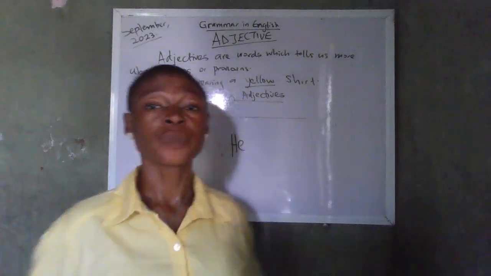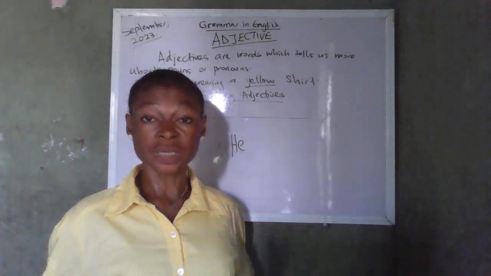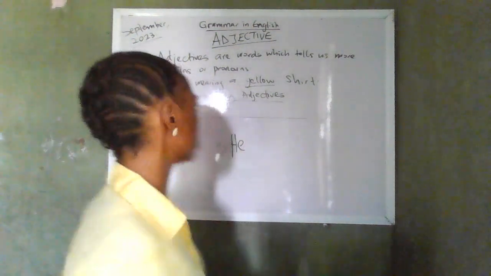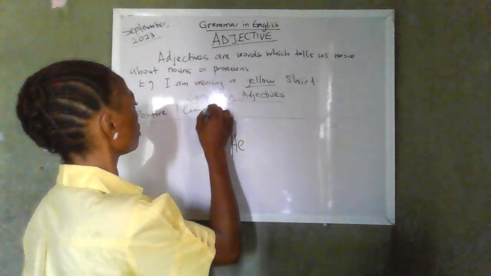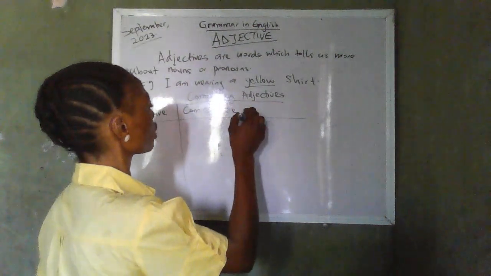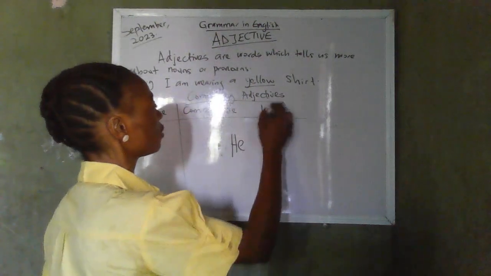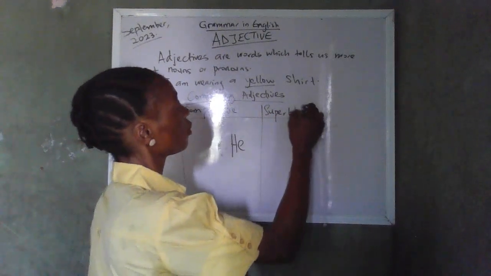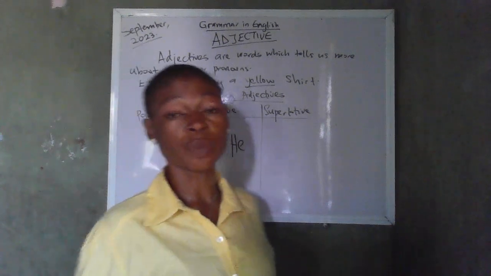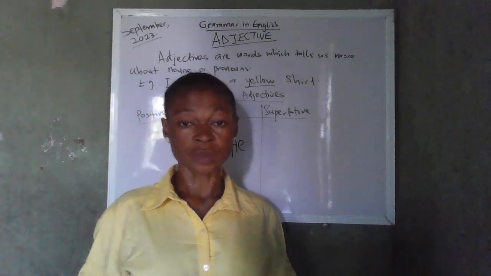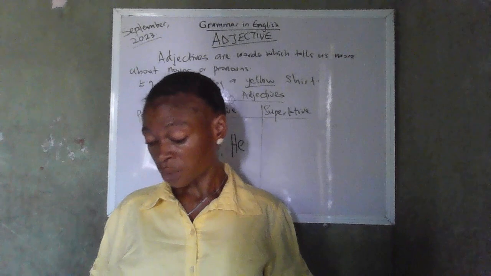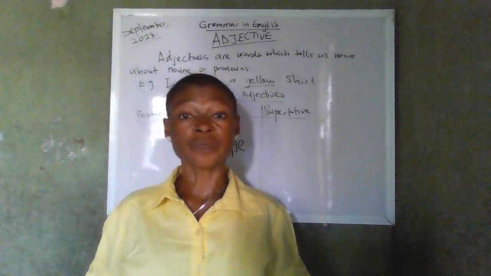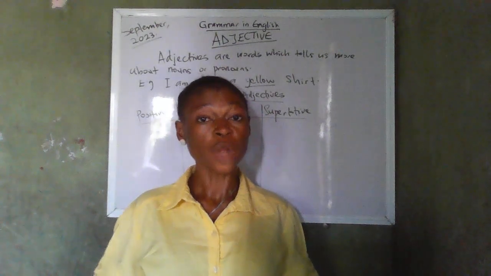Then we have the comparative form, when you are comparing two objects, and then we have the superlative form when comparing three objects.